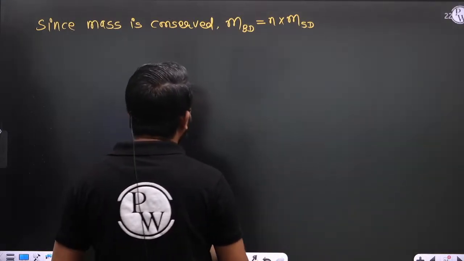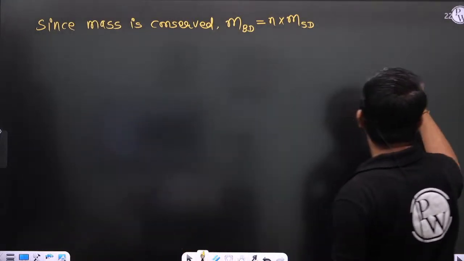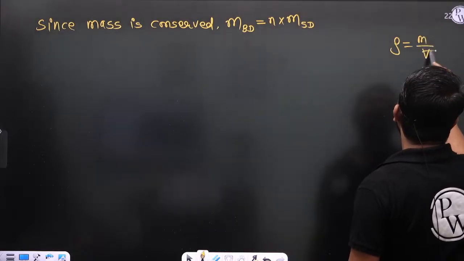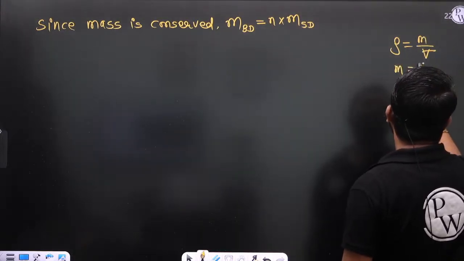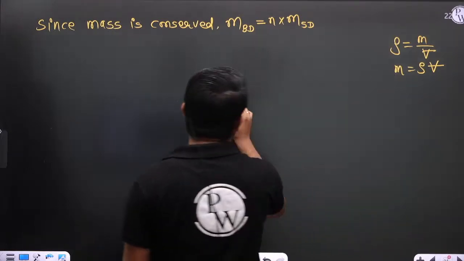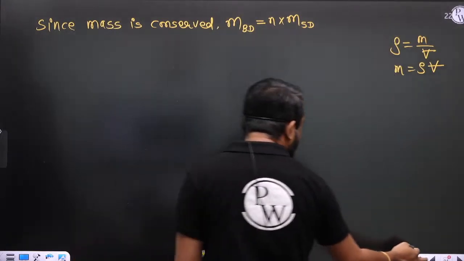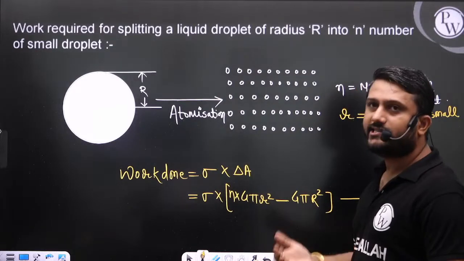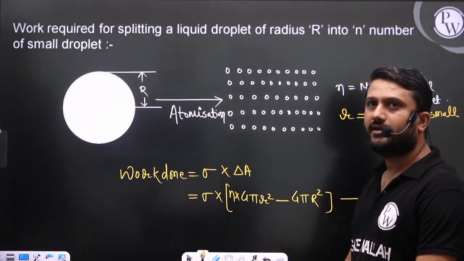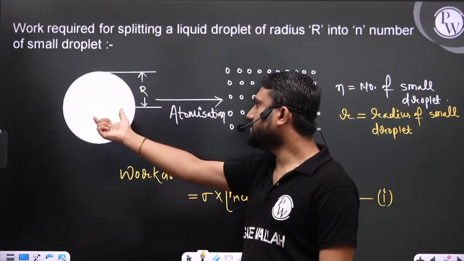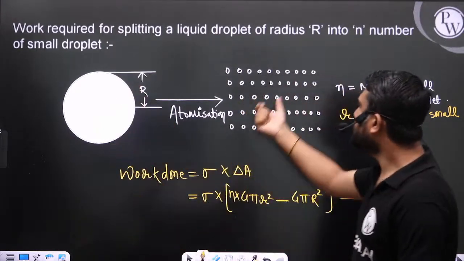Fine? So what is the mass? We know that density is mass per unit volume, so mass is equal to density multiplied by volume. Density cancels out because it is an intensive property. Whatever the density of the bigger droplet, the same density is for the smaller droplet.